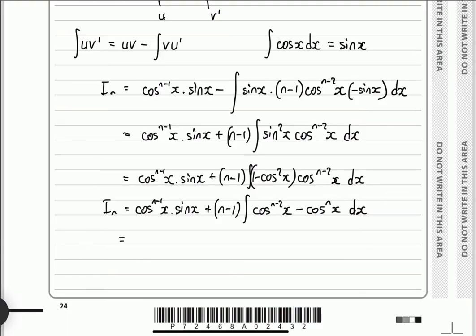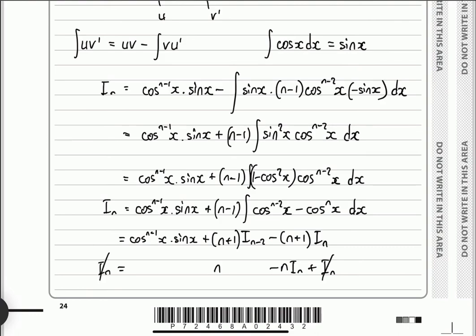So now I'm going to rewrite this in terms of I's. So we've got n plus 1 times I_(n-2) minus n plus 1 times I_n. And that becomes minus n times I_n plus I_n. And the plus I_n will cancel with the one on the left hand side.